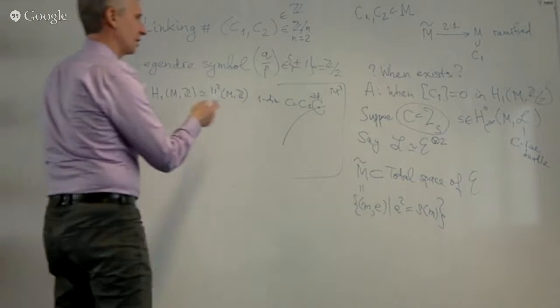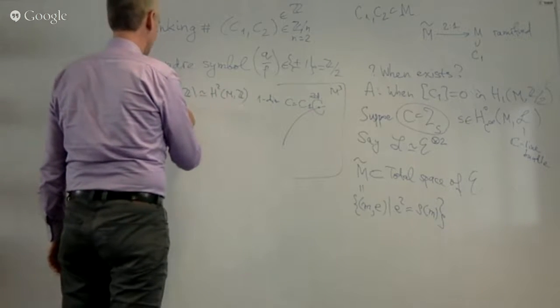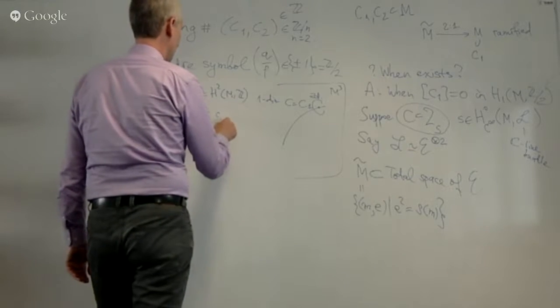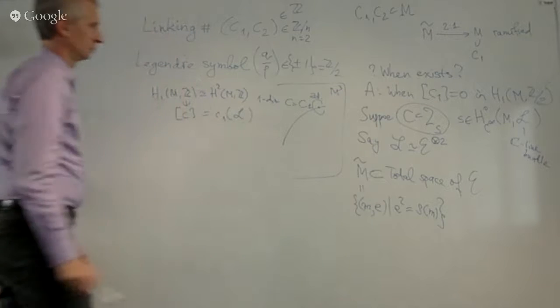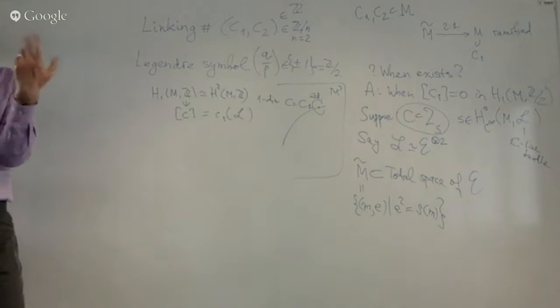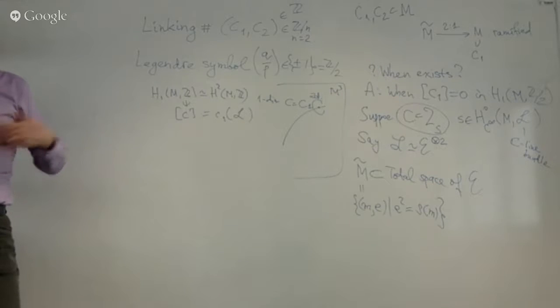This means that the class of C lies here, and it is simply the first Chern class. By the definition of the Chern class, the first Chern class on a manifold is obtained by taking a generic section and looking at its zero locus, which has codimension 2.